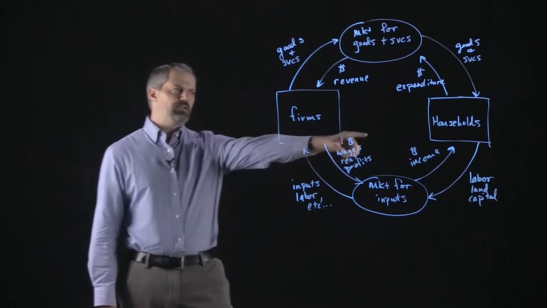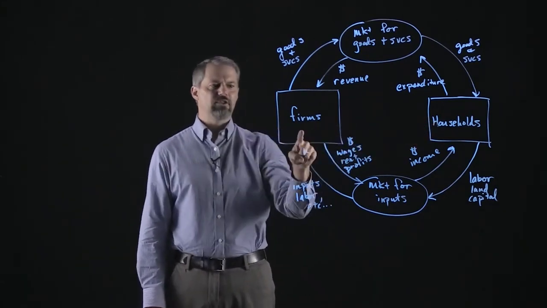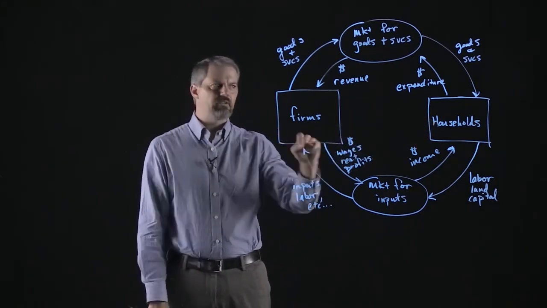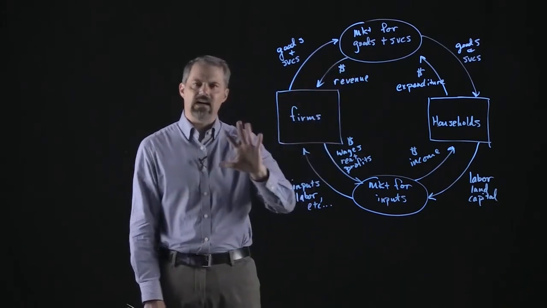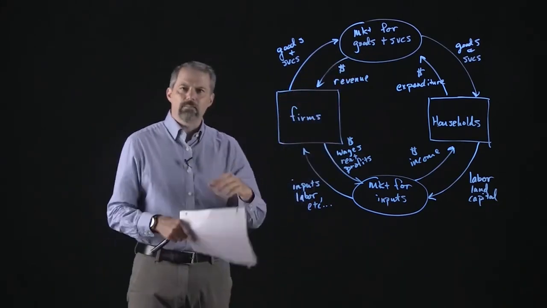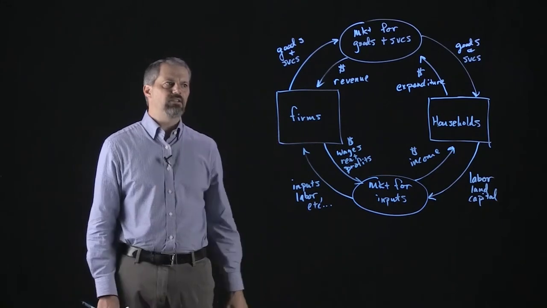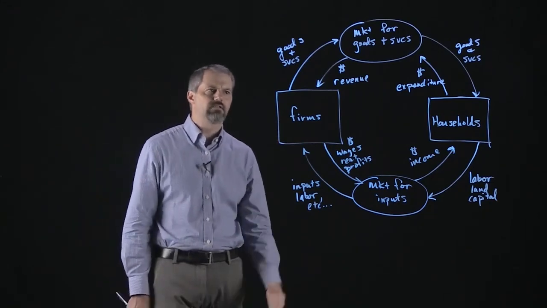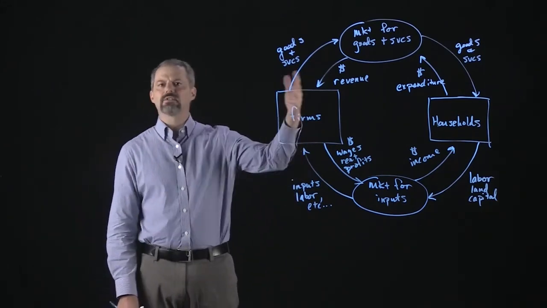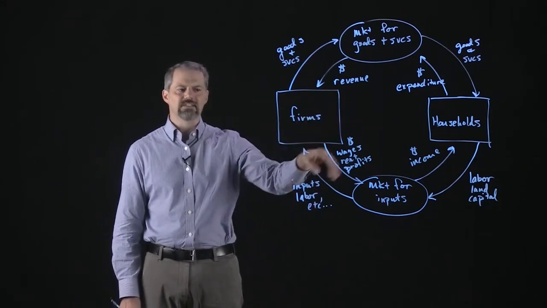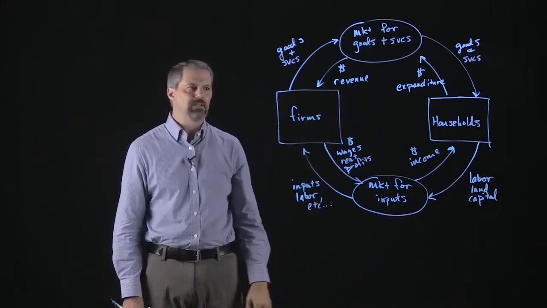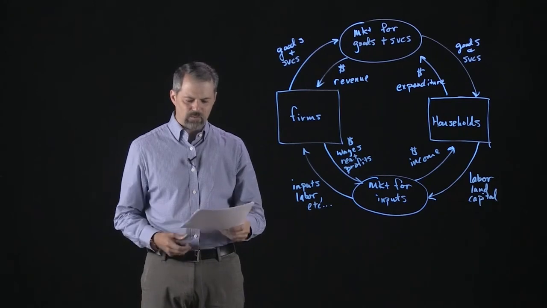So if you're a household, you don't have to just buy from firms in your country. You can buy from firms in other countries. We don't have that in here. So we can make it more complex, but we don't need to. This is a good place to start to understand how dollars flow and how goods and services and inputs flow in an economy. So that's an example of a simple model.